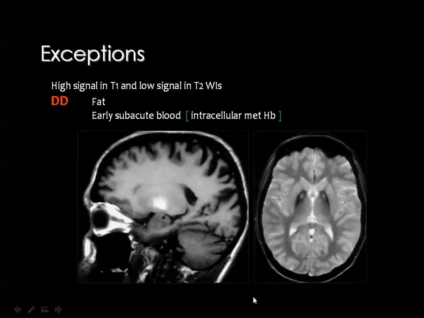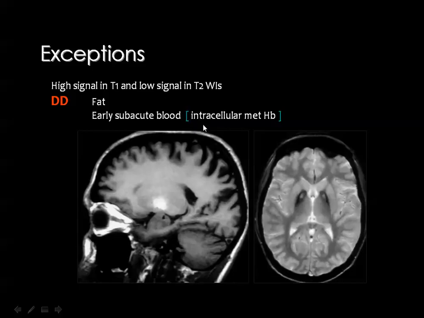Also, you should know that some calcium will appear bright in the T1 weighted image and dark in the T2 weighted images, like this calcium in the basal ganglia, which appears bright in the T1 and dark in the T2. Then this will go into the differential diagnosis with fat, for example, and the early subacute blood, which represents the intracellular methemoglobin.